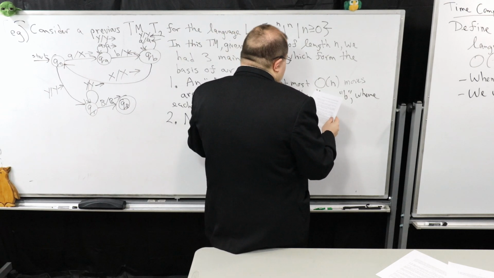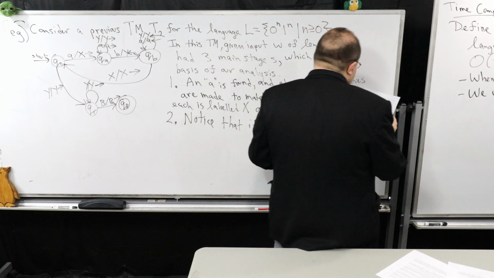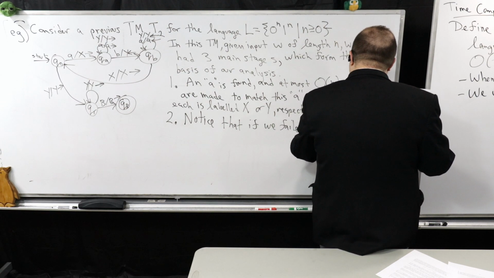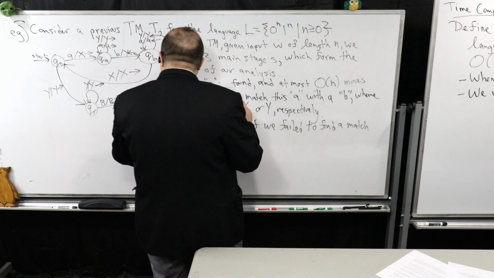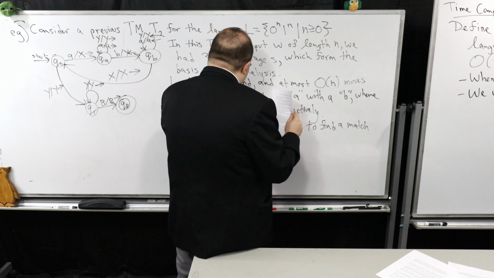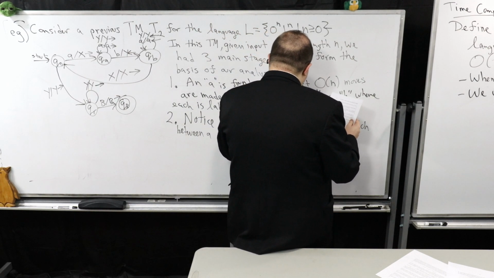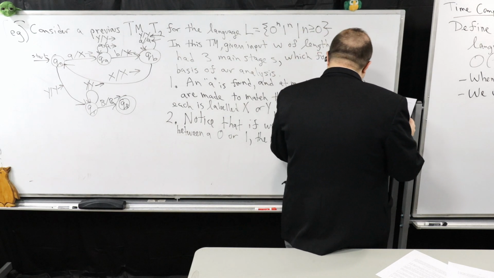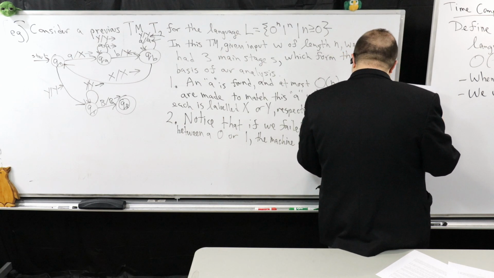Notice that if we failed to find a match between a 0 and a 1, a 0 or a 1, the machine halts. Presume otherwise. So this is me effectively laying out what's going to happen at most.